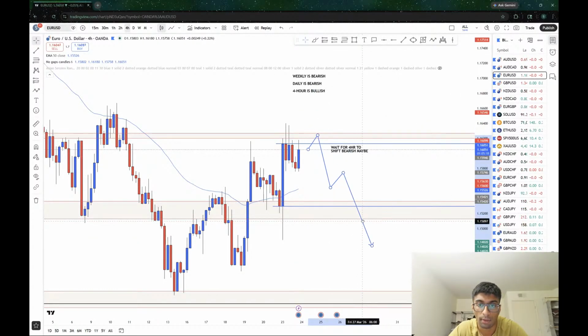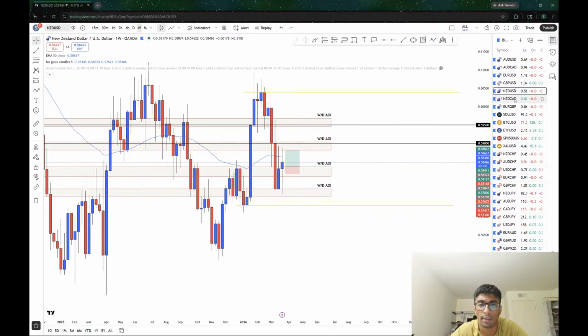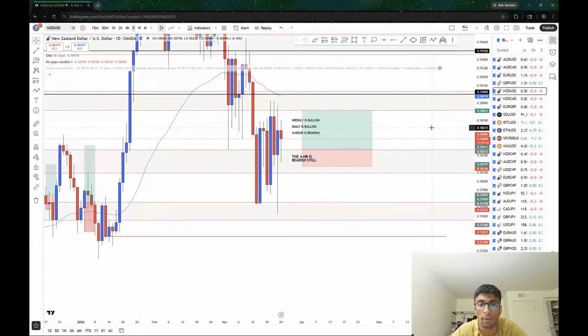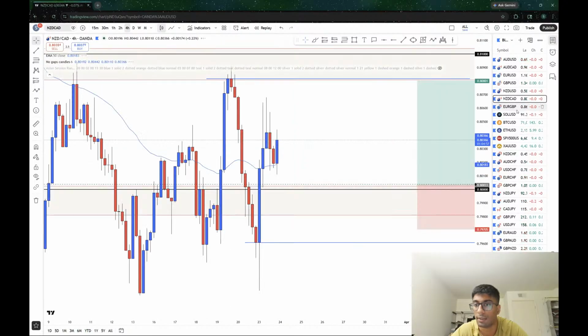It needs to close and shift bearish, and I'll probably take the sells until this zone. I don't think any other pair is ready as of right now, so I'm not interested in any other pairs right now.